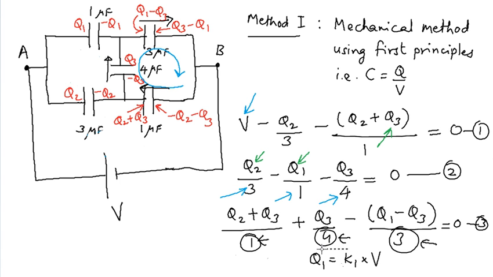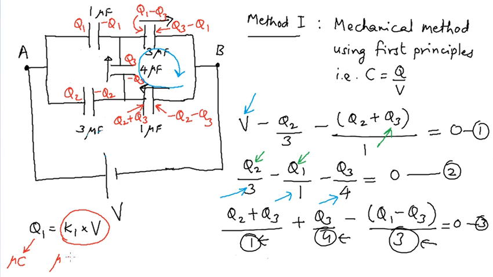So let me just take this equation over here and let us look at it a bit more. What I'm basically saying is the left hand side, after we find it by solving the 3 equations, we are pretty sure that Q1 is going to be in microcoulombs. Therefore the right hand side, whatever you get, must definitely be in microcoulombs.